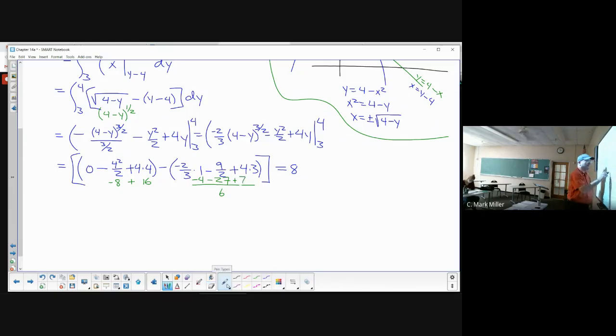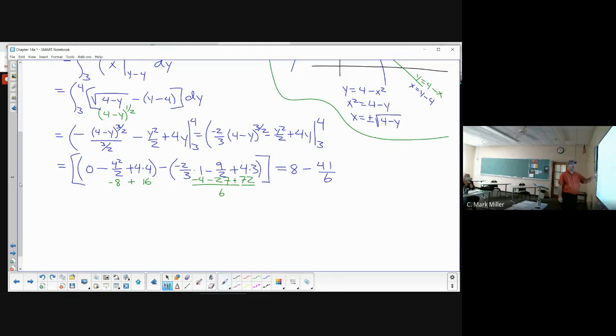I agree. Okay, this should be better. So 31 minus 72 is 41. That's got the wrong sign. It's going to be a plus minus 40. So minus 31 plus 72 is a positive 41 over 6.